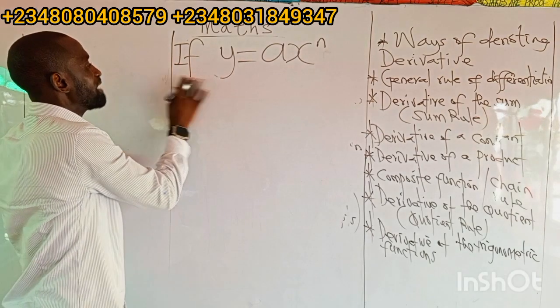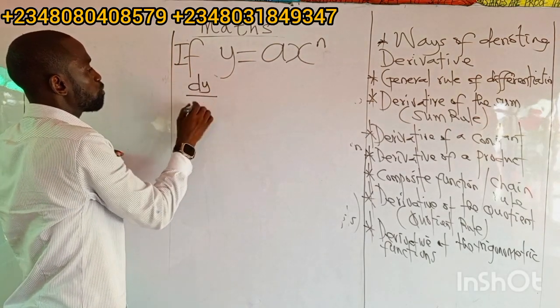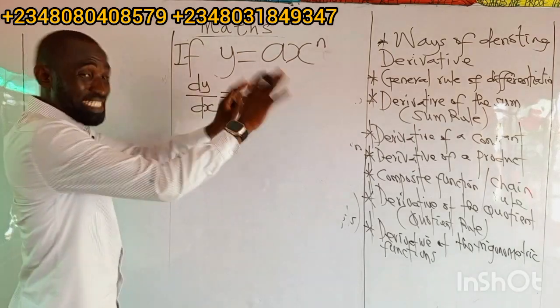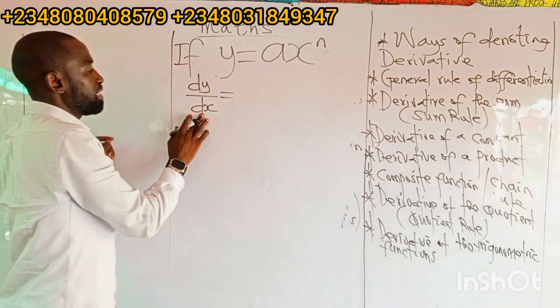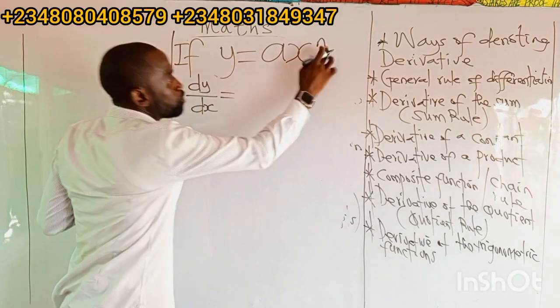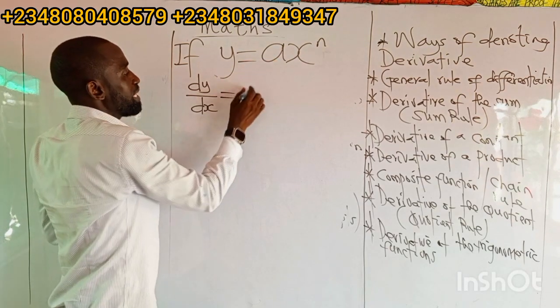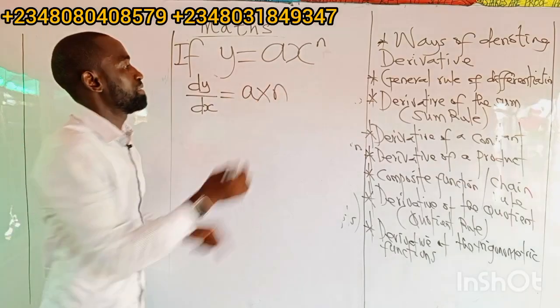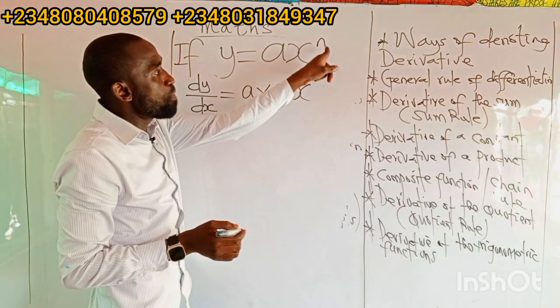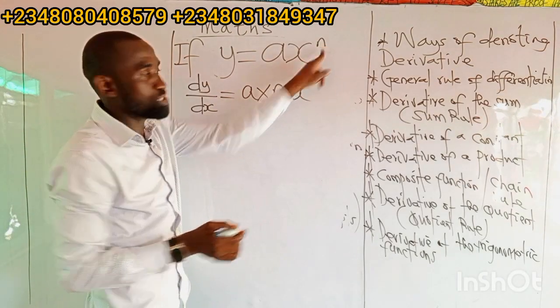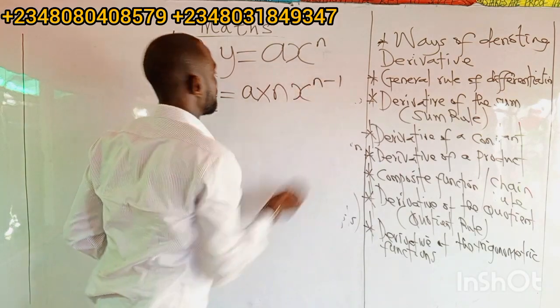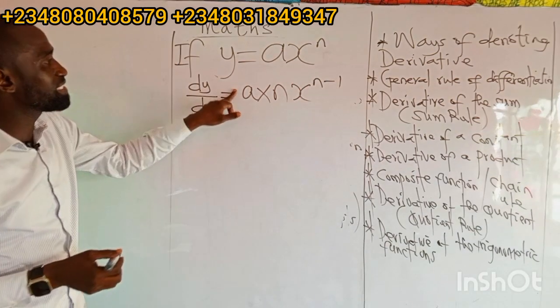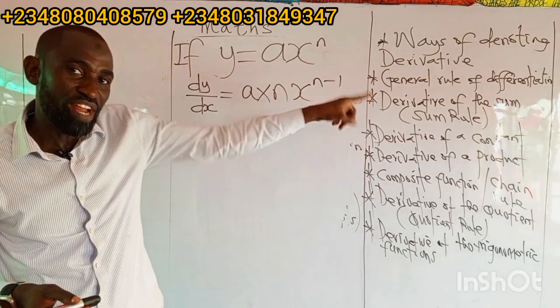Now our dy/dx, meaning the derivative that I want to look for, which is what we are doing in this video: I will use this power n to multiply this a, to be a times n. I will write x again, then subtract 1 from this n, so I have n minus 1. This is what we call the general rule of differentiation.